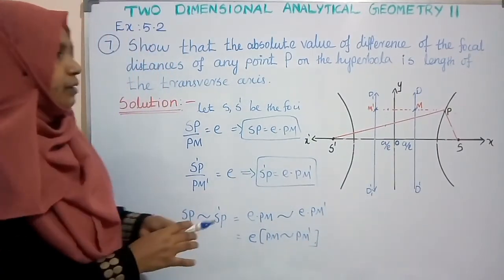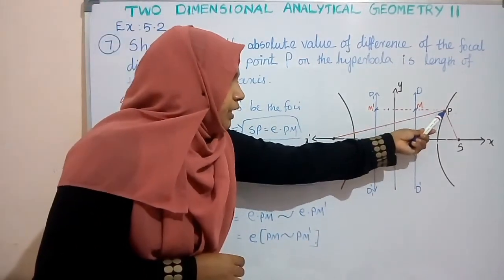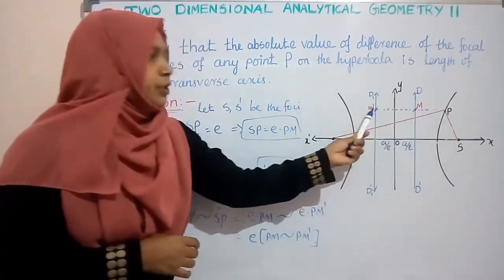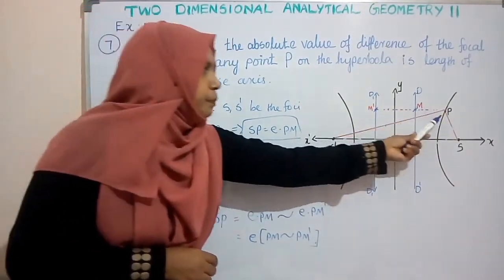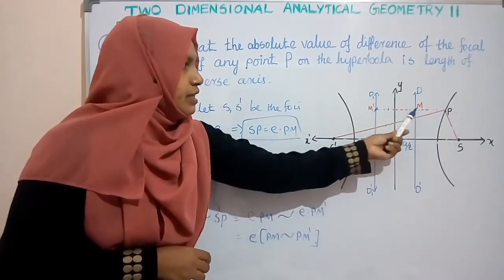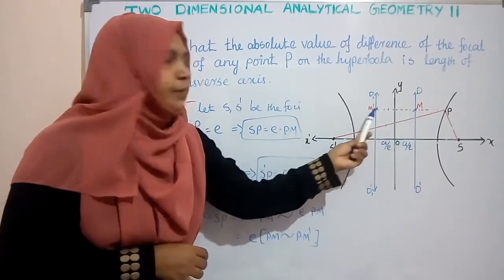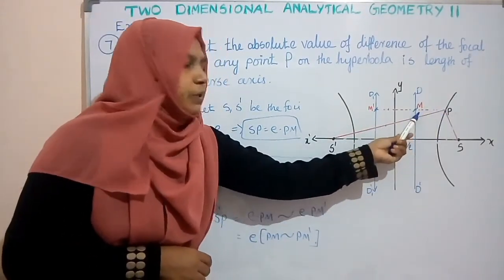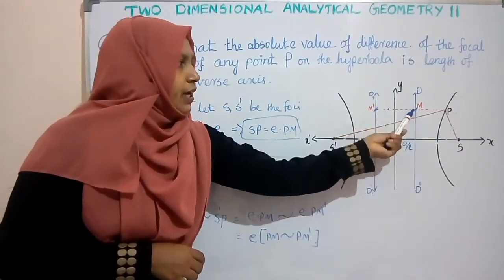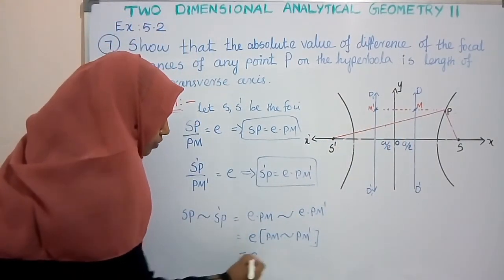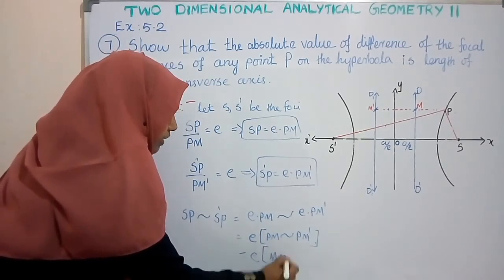See in this diagram, what is the difference between PM and PM dash? PM dash denotes the total distance and PM is the second half. So from the total distance PM dash, if you subtract PM, you will have the remaining value M dash M, so we can write that as E into M dash M.